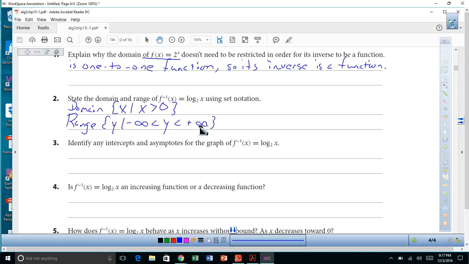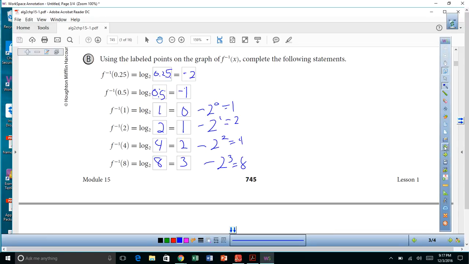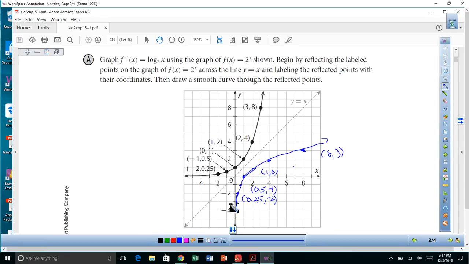Identify any x-intercepts and asymptotes for the graph of the inverse of f of x equals log base 2 of x. So we're looking for intercepts. It never touches the y-axis. It gets close to it, but it never touches it.